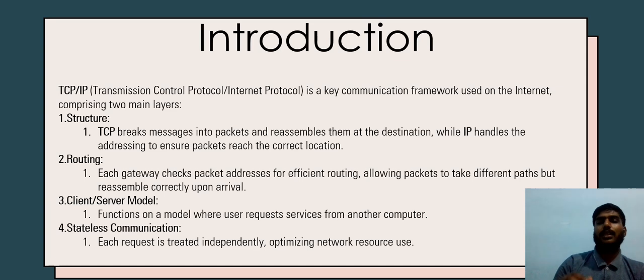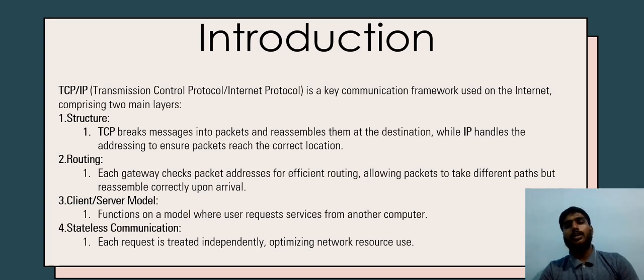TCP breaks messages into packets and reassembles them at the destination, while IP handles addressing to ensure packets reach the correct locations. Then routing: each gateway checks packet addresses for efficient routing, allowing packets to take different paths.